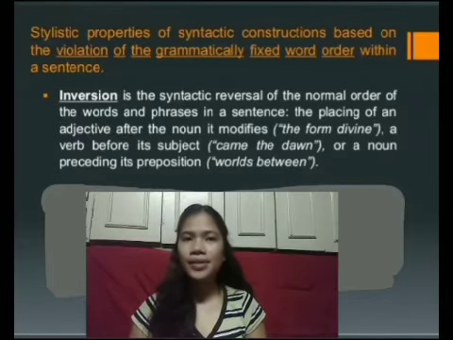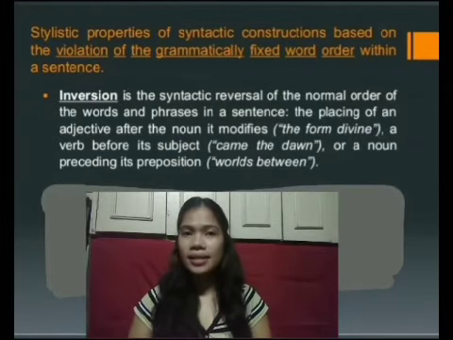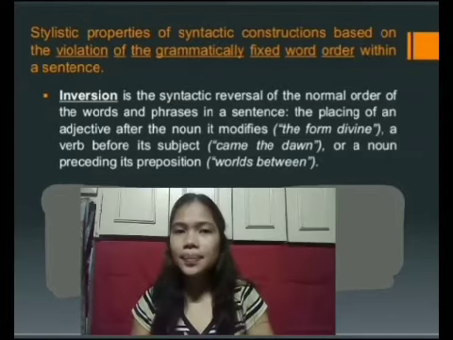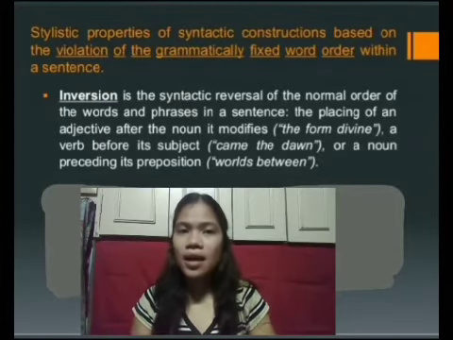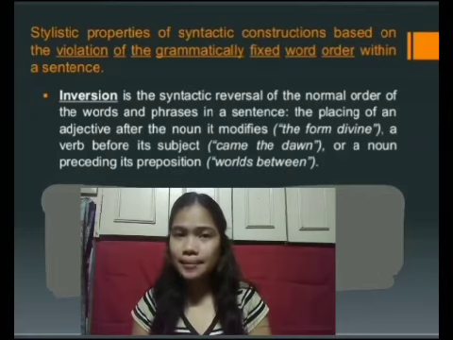Let's move forward to stylistic properties of syntactic construction based on the violation of grammatically fixed word order within a sentence. So first is the inversion. Inversion is the syntactic phenomenon of the intentional changing of word order of the initial sentence. For example, the placing of an adjective after the noun it modifies, just like "the form divine."